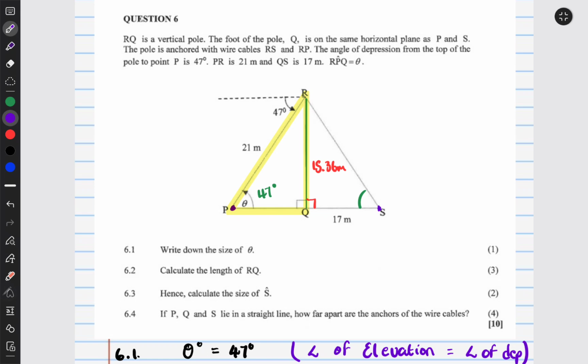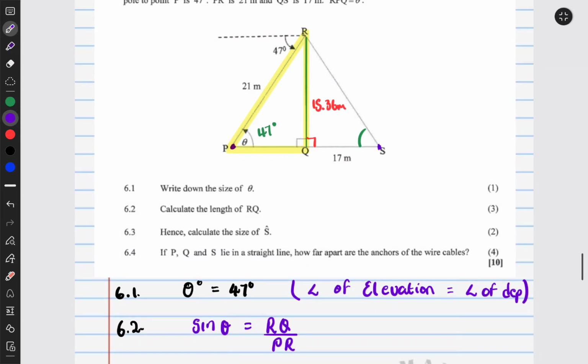Remember, the pole with wires is at Q, and these are the wires of that pole. So the anchors would be at P and S.